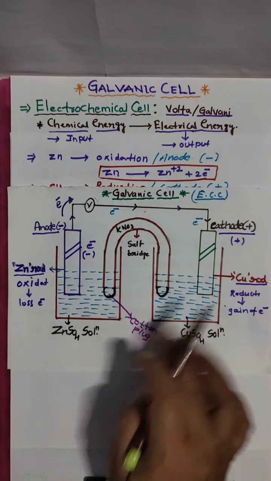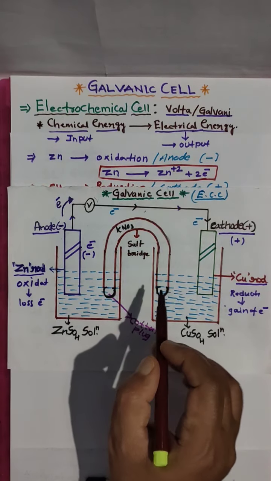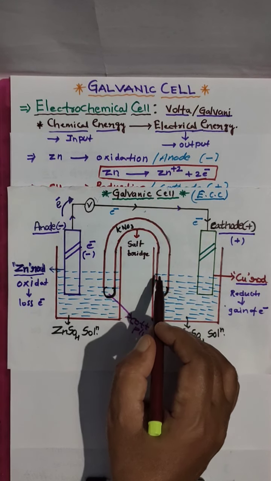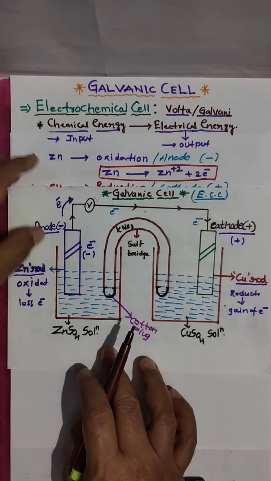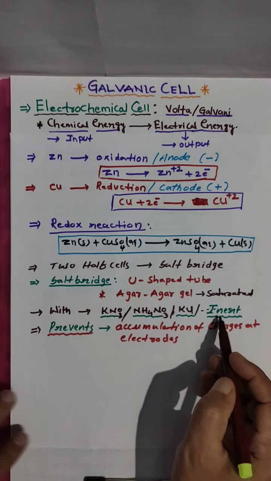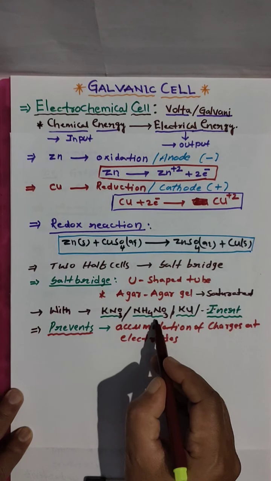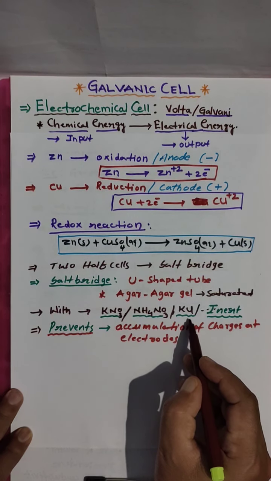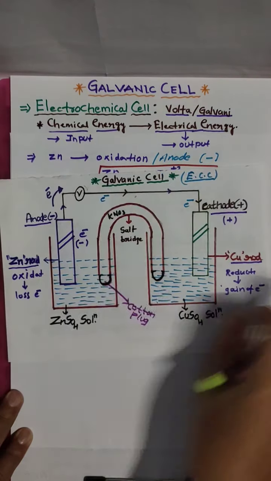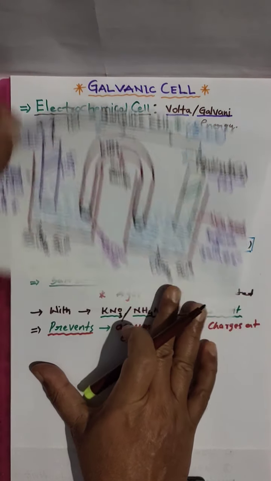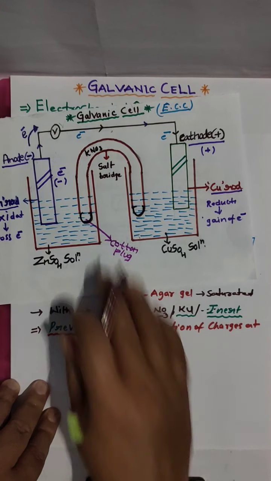These two half cells are connected with an inverted U-shaped tube, filled with agar-agar gel. This gel is saturated with inert electrolytes such as potassium nitrate, ammonium nitrate, potassium chloride. The salt bridge in a galvanic cell prevents accumulation of charges at electrodes.